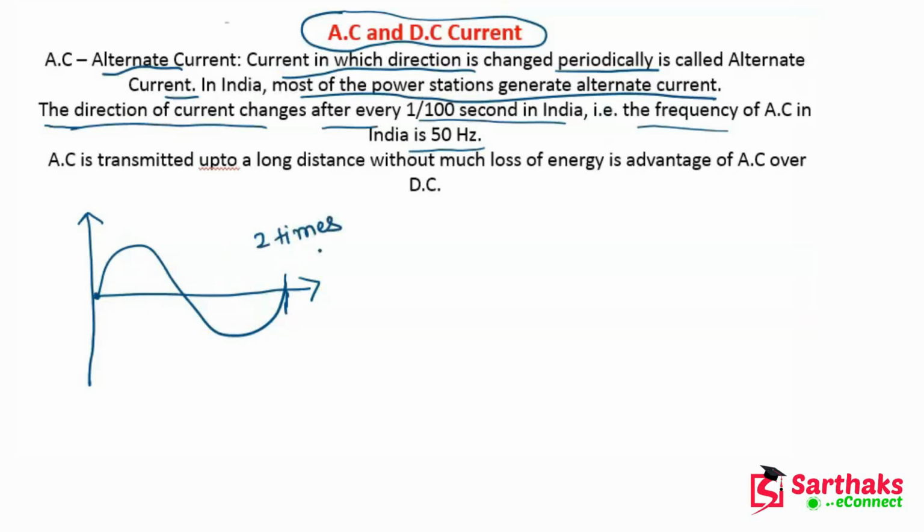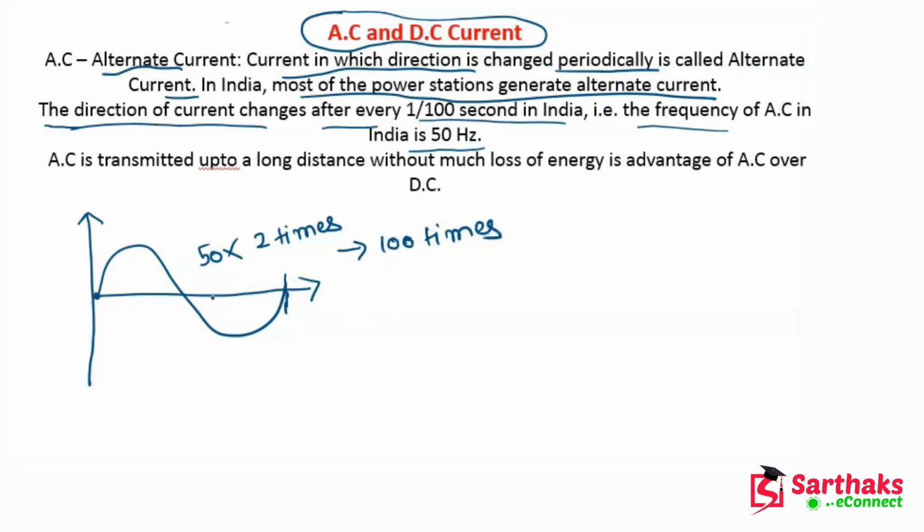So in 50 rotations it will change its direction 100 times, because in one rotation it changes direction two times, so we simply multiply by 50.